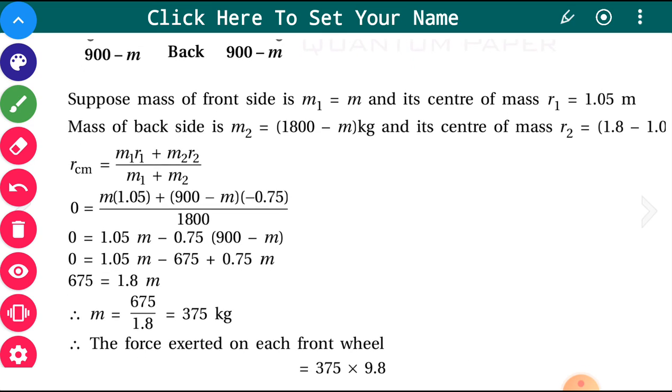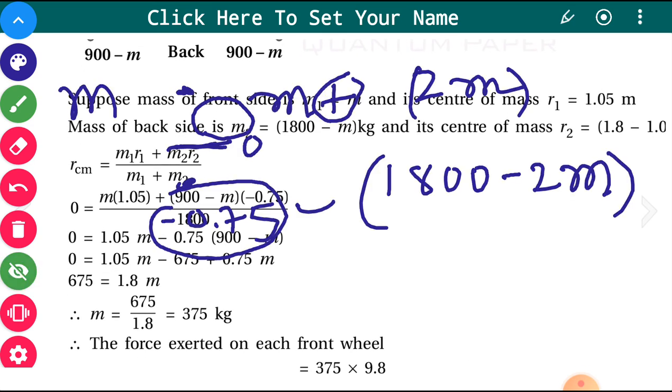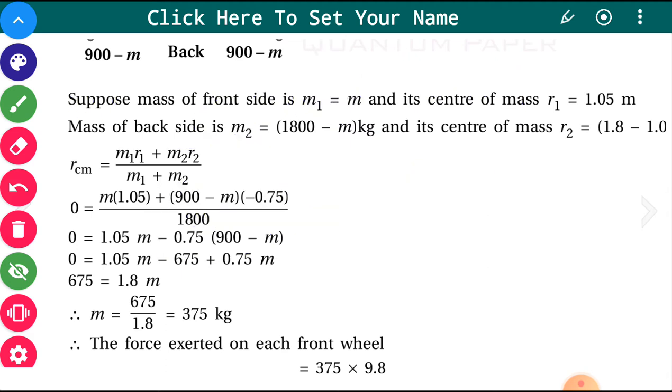Now it can easily be calculated as a two body problem. Some of the steps here are basic. M1 is considered as 2m, so RCM is equal to (M1 R1 plus M2 R2) divided by the total mass.